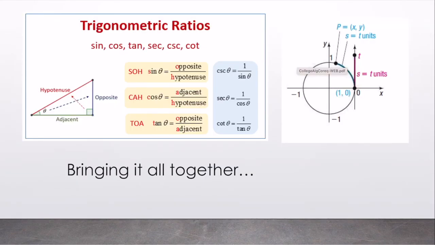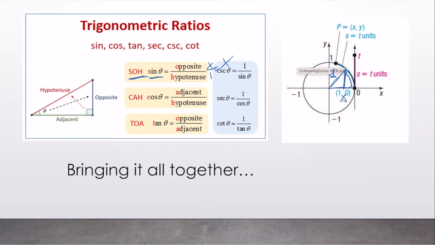These all come from our trigonometric ratios that we learned in geometry, right? If I put a triangle on here, sine is opposite over hypotenuse. Well, our hypotenuse now is always 1, because we're on the unit circle. So sine is going to be whatever this height is, which is our y value, over 1, which is just y.